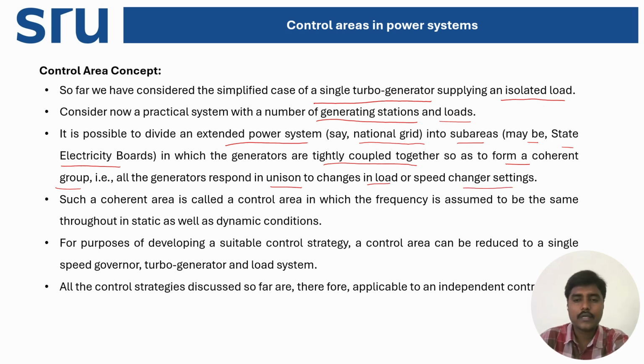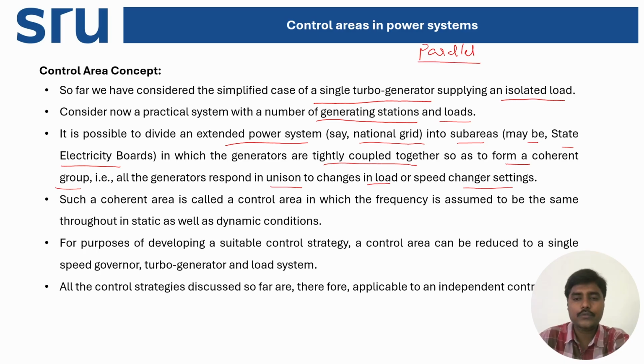And of course, as you know, all the generators must be connected in parallel. Most of the time, the generators used in power plants are AC generators only, so all the AC generators need to be connected in parallel.